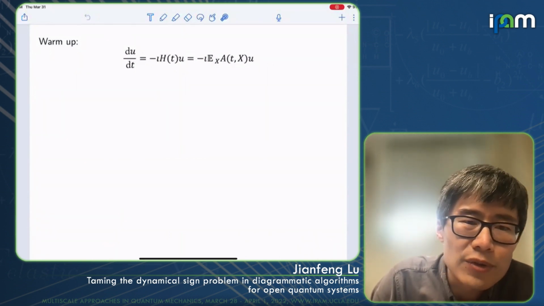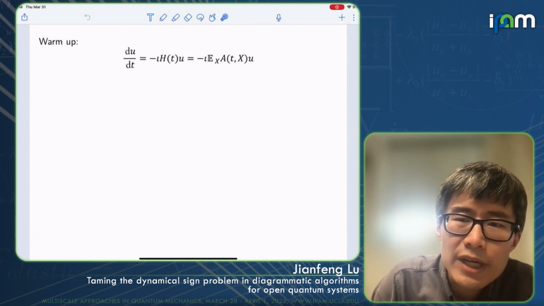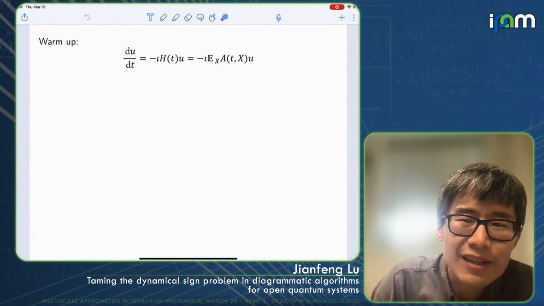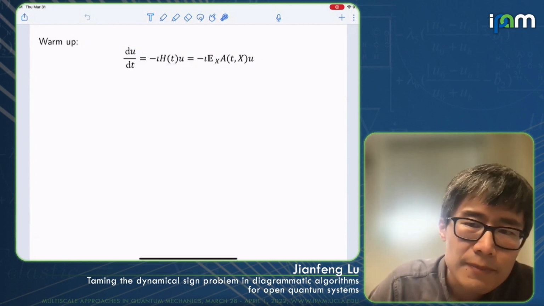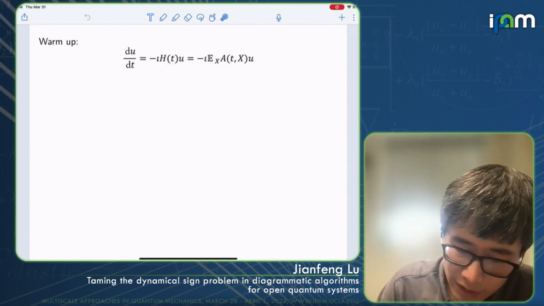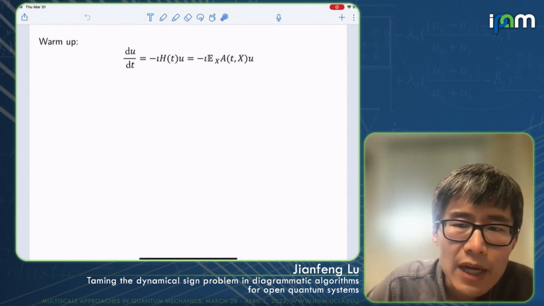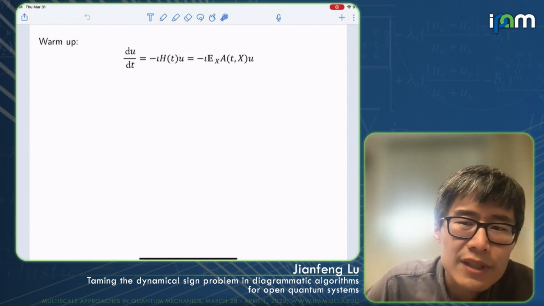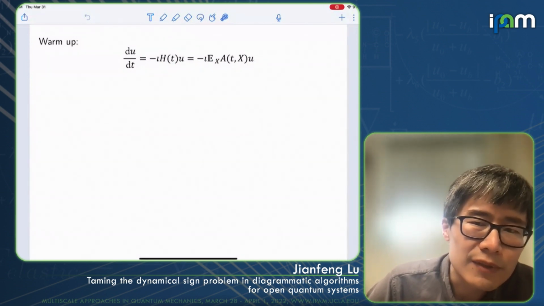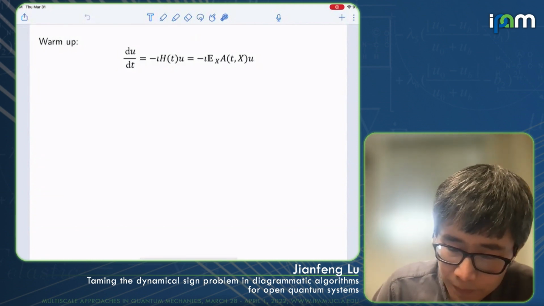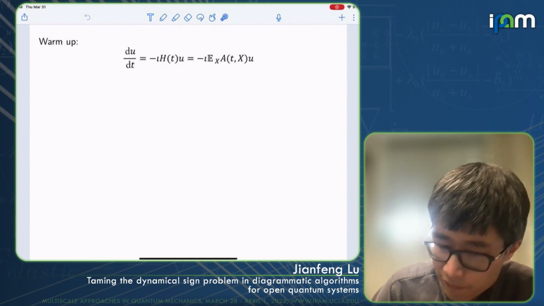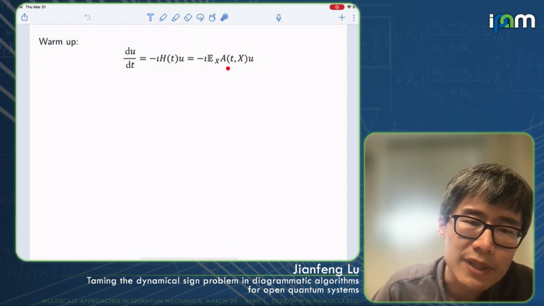It's the usual Schrödinger equation, and if you are uncomfortable even thinking about the Schrödinger equation, you can think about this H as a 2x2 matrix. So we have a unitary evolution equation, and now, for reasons that will become clear in the later part of the talk, I want to write this Hamiltonian operator as an expectation of certain terms that involve some randomness.